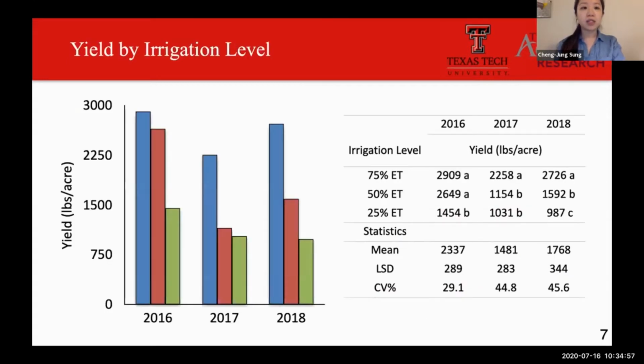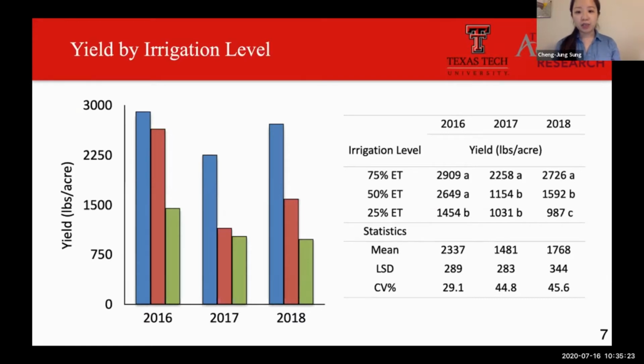The first one is the yield by irrigation level. So from both the bar graphs and the table here, we can see that in 2016, there's a significant difference of the yield from both the high and low irrigation, but as for the mid irrigation, we didn't see a significant difference between the mid and high.